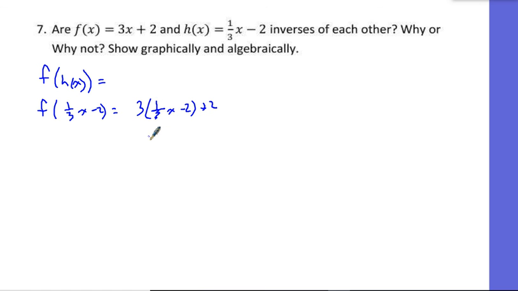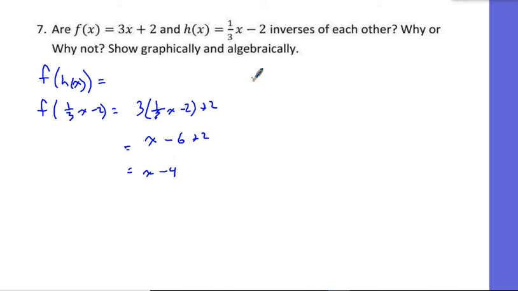We'll distribute 3 and get x minus 6 plus 2, which gives us an answer of x minus 4. That is not equal to x. So right now, if my algebra is correct, these are not inverses.